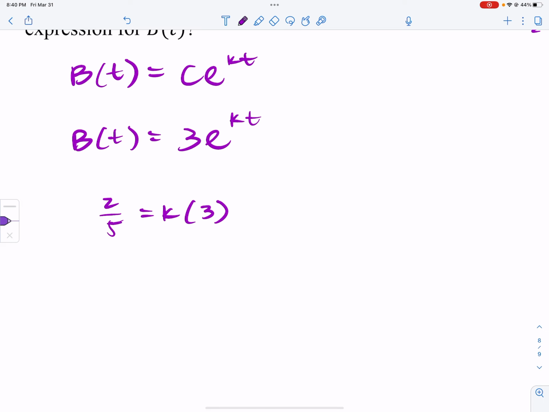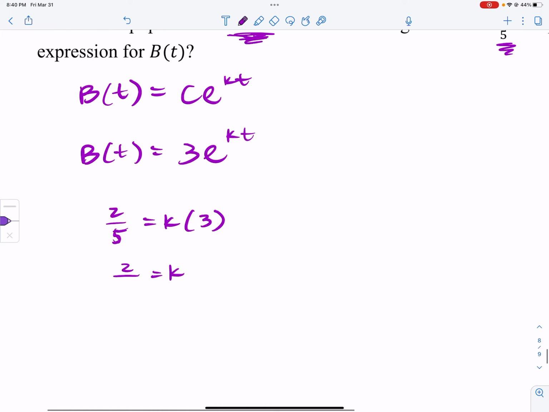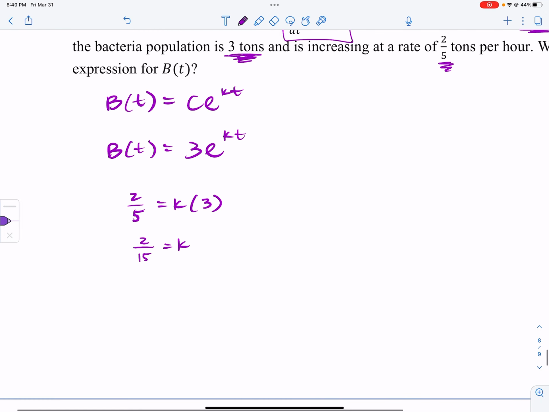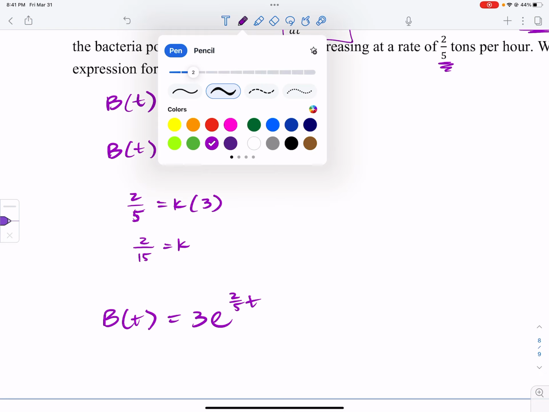So that means that K, and make sure you're paying attention to units and making sure that they all match up and you're not having to convert everything. The weight's in tons here, so that's fine. And then if we multiply by 1/3 on each side, that would be 2/15 for K. So to finish answering the question, B of T would be equal to 3 times e to the 2/15 T power, where B of T is measured in tons and T is in hours.